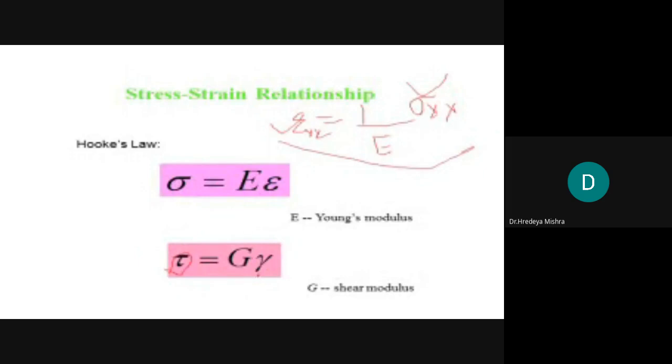What is gamma? Gamma is the shear strain, and G is the shear modulus, and E is the modulus of elasticity. E is used for compressive and tensile deformation, and G is used for shearing deformation. This deformation is in the form of angle, and this deformation is in the form of length, in mm.